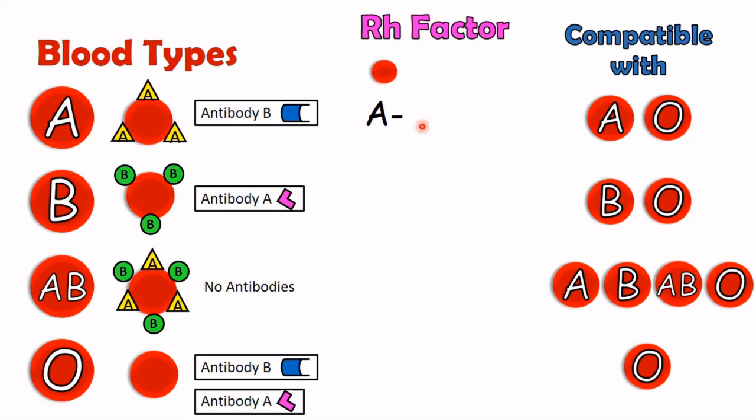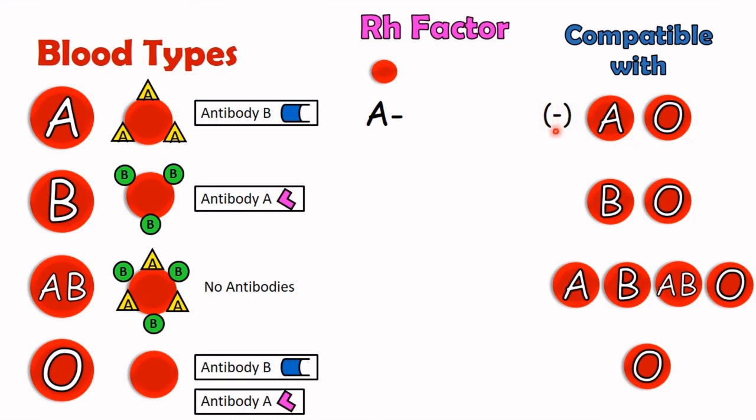A negative will be compatible with only negative blood types. It will be compatible with negative A and negative O only. There are no positive blood types, meaning that A negative cannot receive blood from positive blood types. It can only receive from negative blood types.